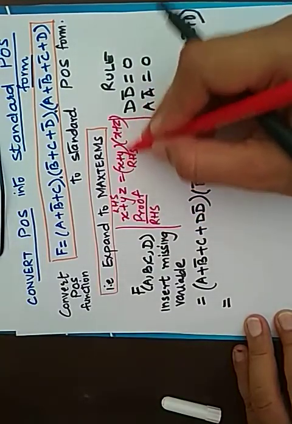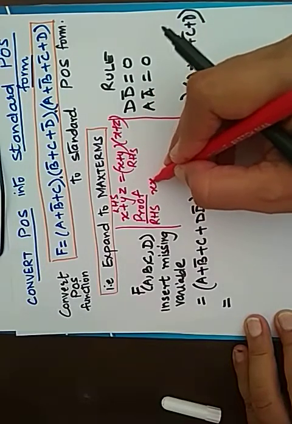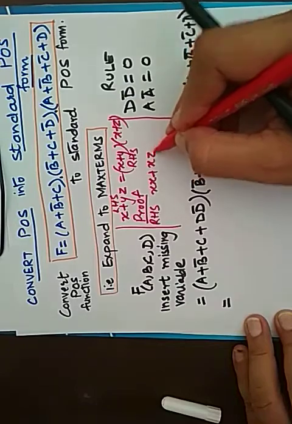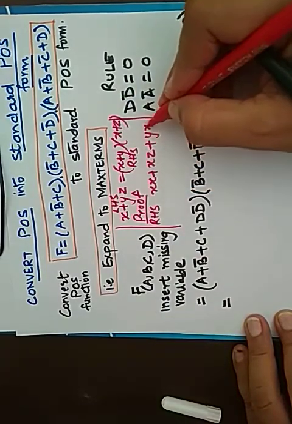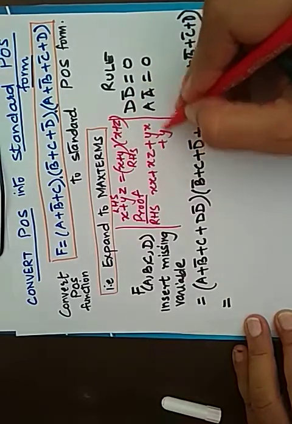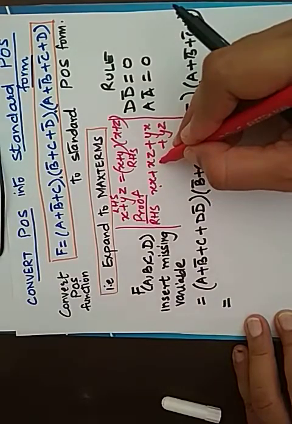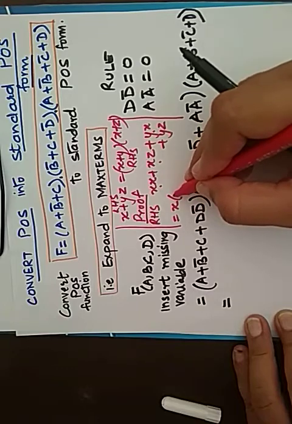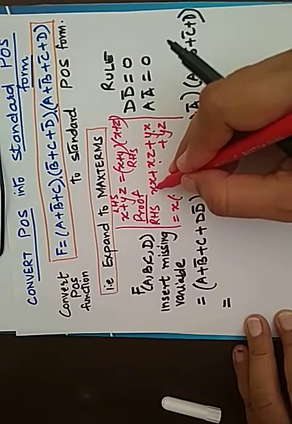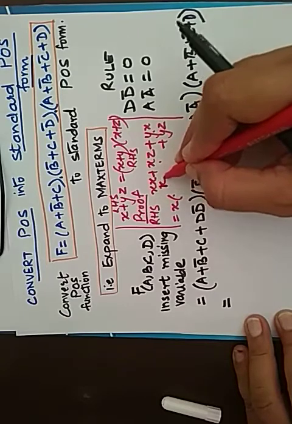So from the right hand side, if we just open the brackets, you get xx plus xz plus yx plus yz. Now in the first three terms, if you see, you have x common. You may write it as this xx is x.